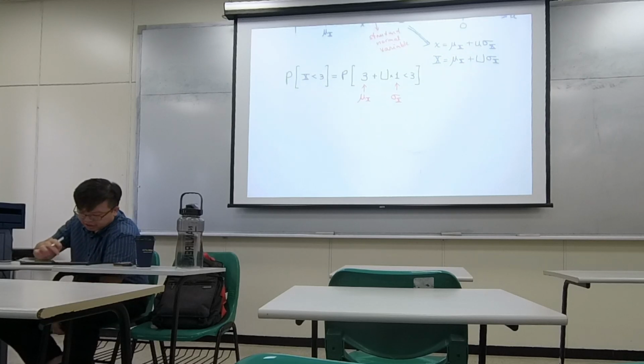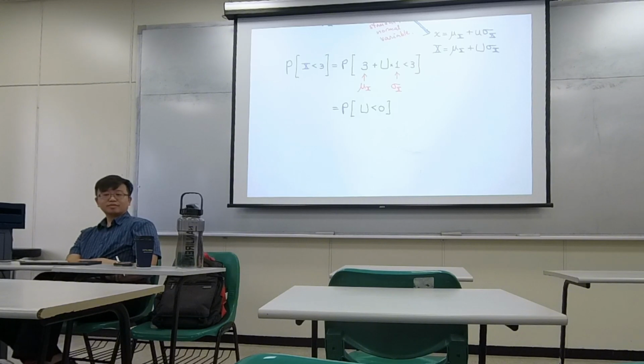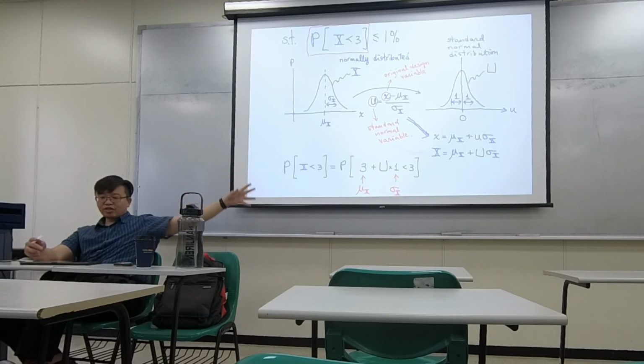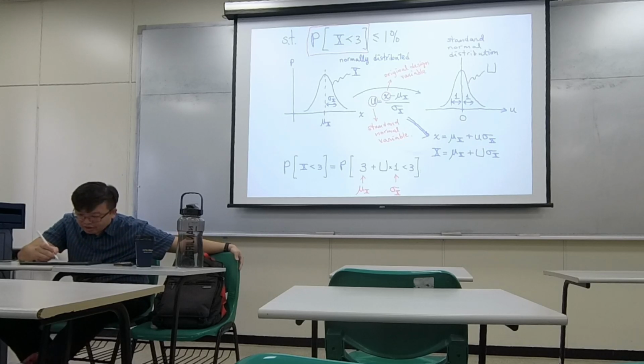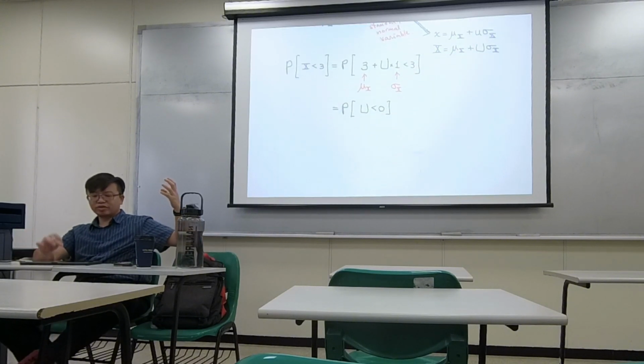Okay, so let's derive this probability of U smaller than 0. So it's like you are studying the standard normal distribution on the right-hand side, and you are studying the percentage of this distribution being values smaller than 0.